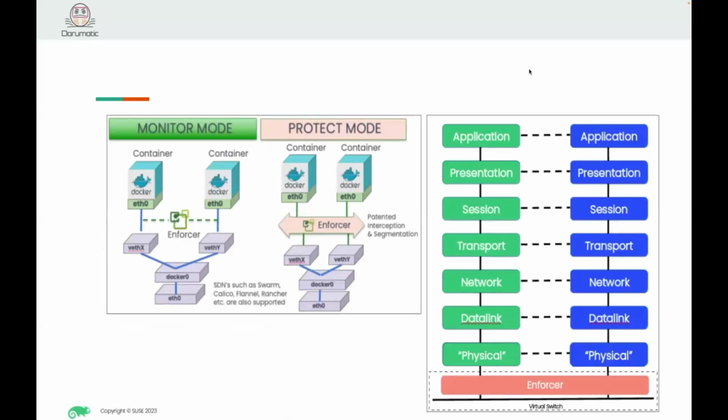This is the OSI model, all the layers of the network, and this is a virtual switch that enforces those rules by literally inspecting the headers and body of those network requests.